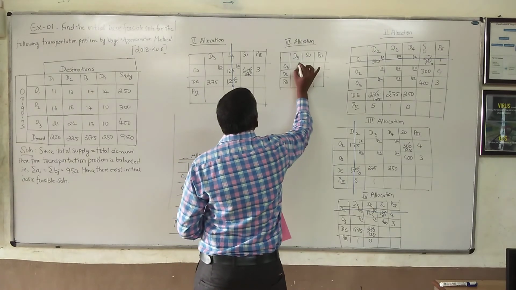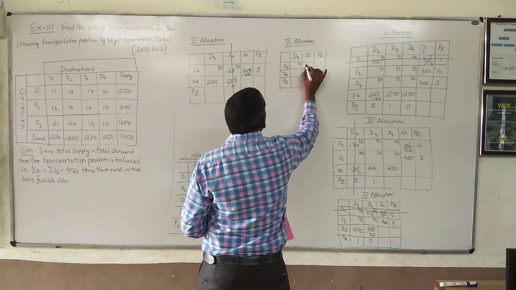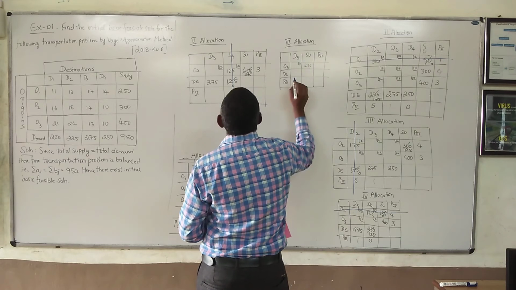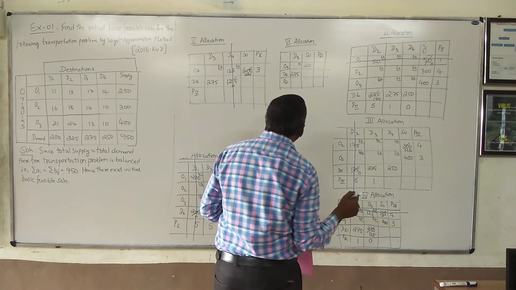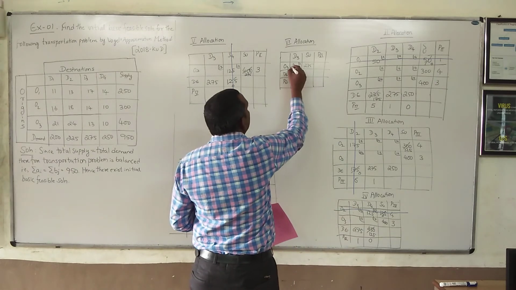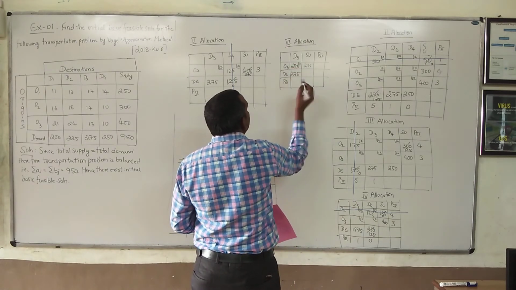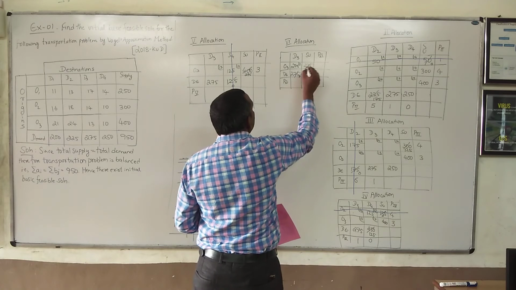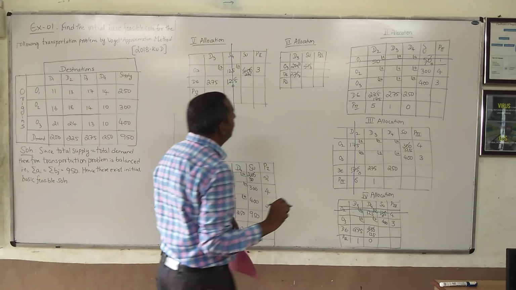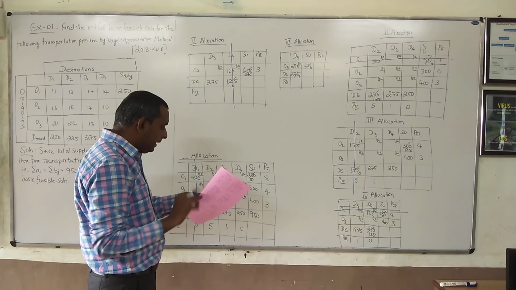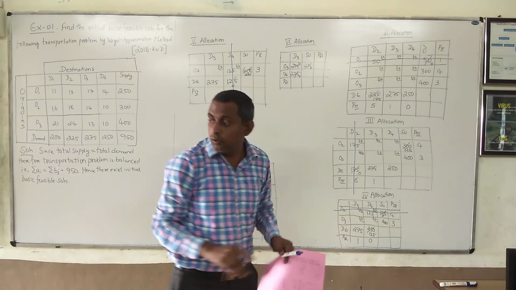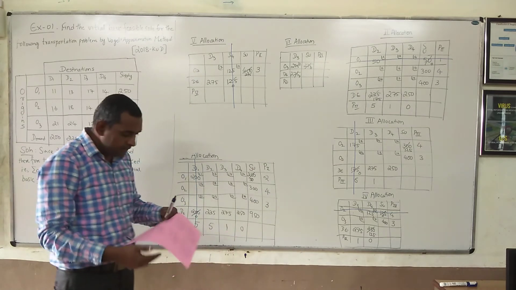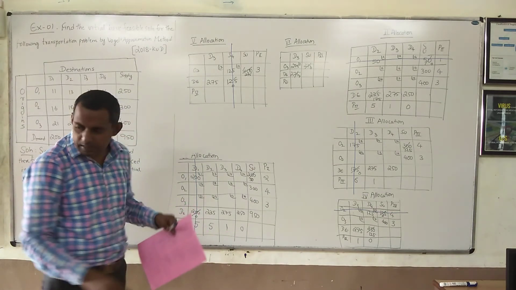So we are left with 13 only. Here it is 275. Here also it is 275. Fine. So 275 I will write. This is also 0. This is also 0. Fine. So the complete table got exhausted one by one.